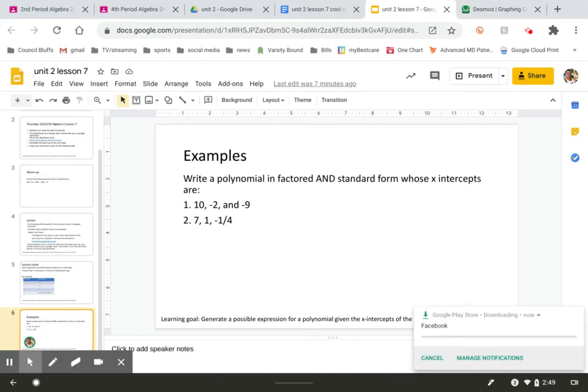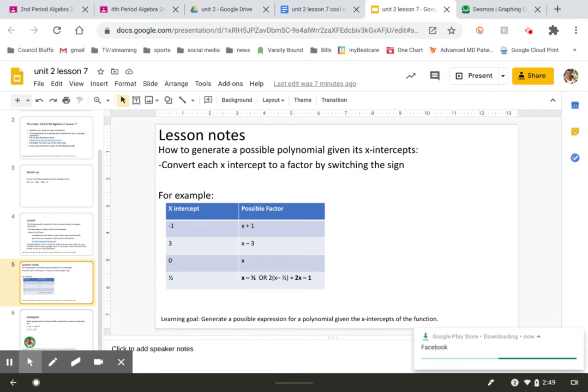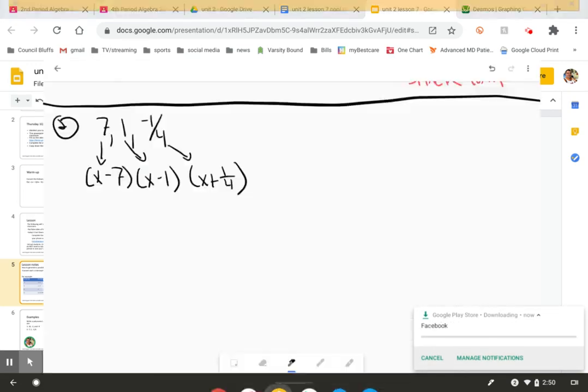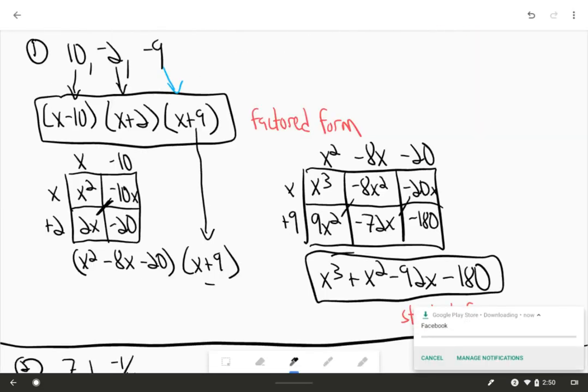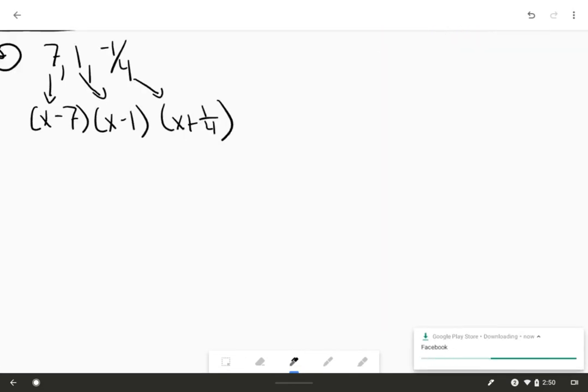But just like we saw in the lesson notes, let's go back to the lesson notes. I'm going to take that factor, I'm going to multiply everything by that denominator. In this case, the denominator was 1/4. So I'm going to multiply each term in this factor by 4.